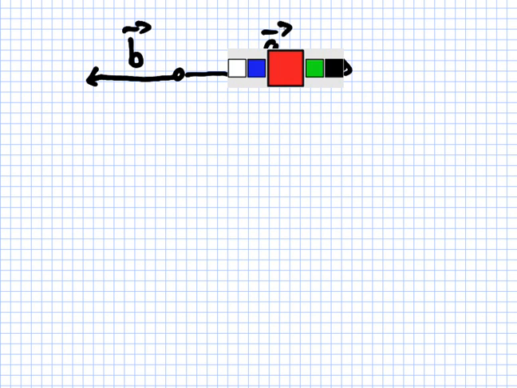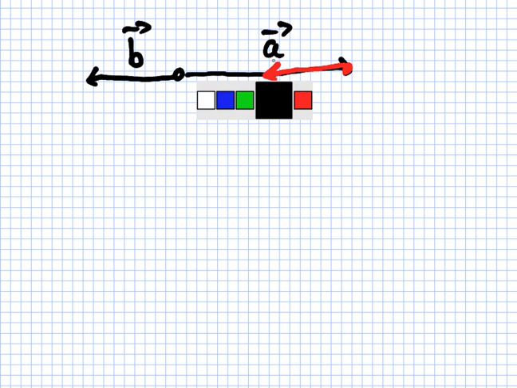And what we do is, remember, we take this B vector and we put it at the end of the A vector. So we move this B here to here. Okay. So then, this is the answer.